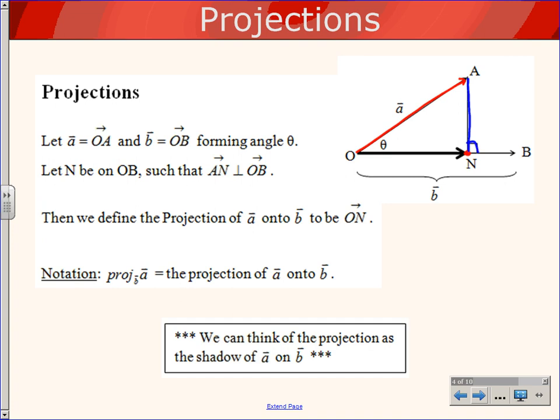So really we're putting point N somewhere on that line so that we're making a right angle triangle. That's all. We're trying to figure out where point N would go so we get a right angle. Well, when we find point N, we call this vector right here from O to N the projection of vector A onto vector B.